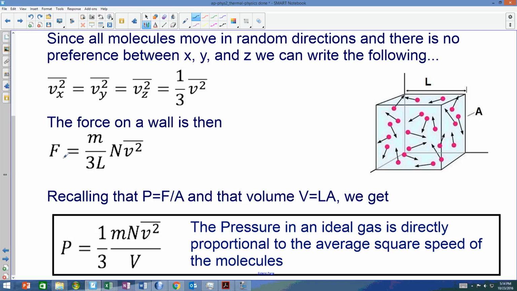If you take this force and divide it by area, area times the length right here gives you the volume, which you have right here. The pressure in an ideal gas is directly proportional then to the average speed squared of the molecules.